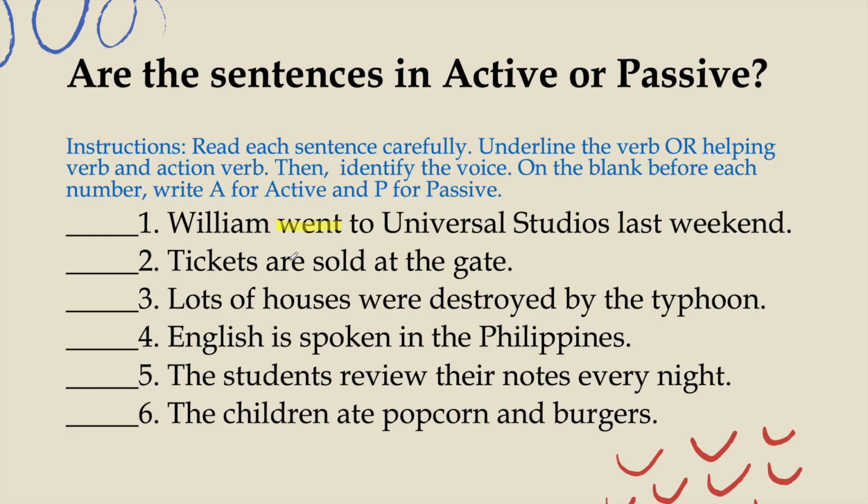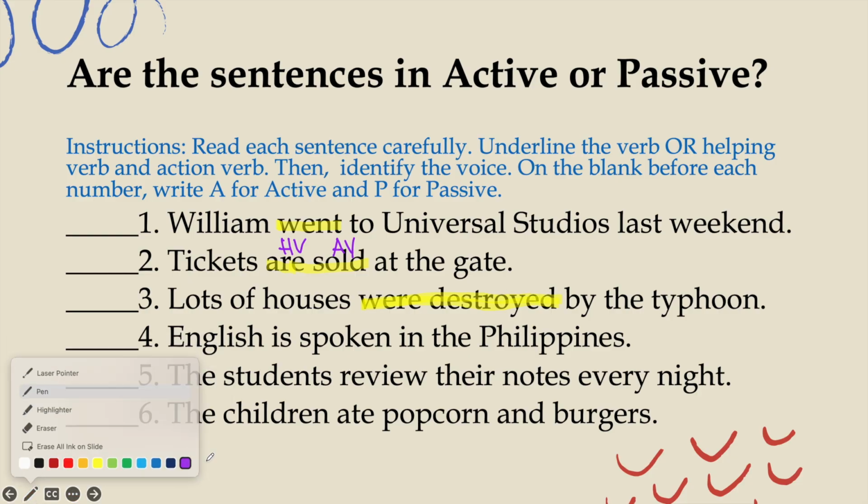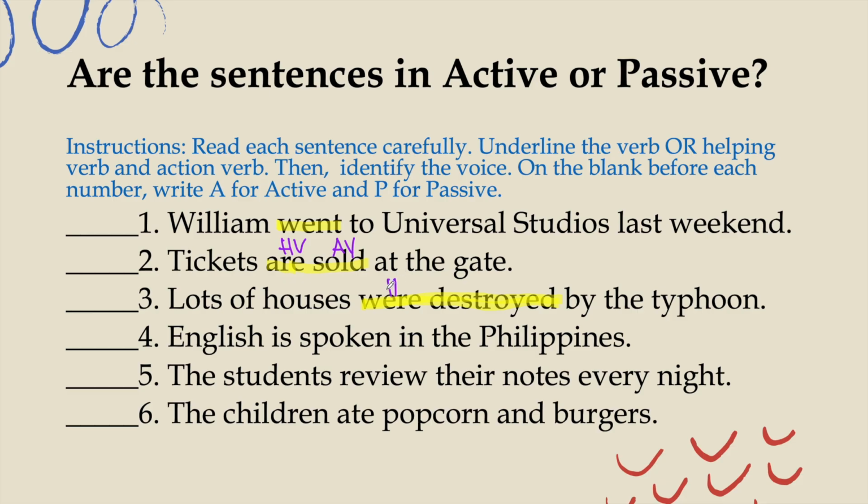For the second sentence, the verb phrase is are sold. Here, you have a helping verb in the form of be, and an action verb. Let's move on. Here you have the verb phrase were destroyed, again a helping verb and an action verb.